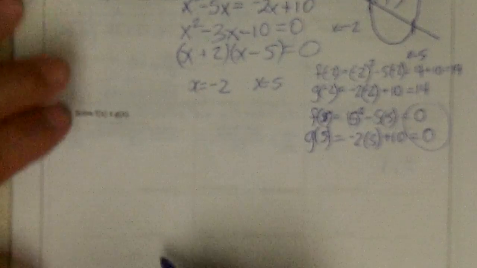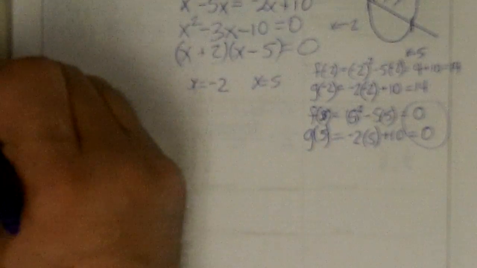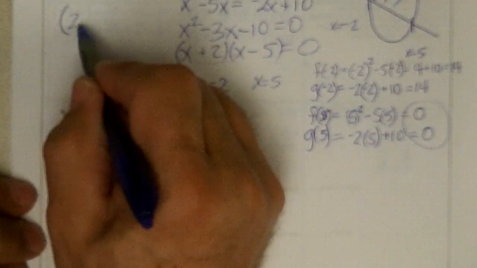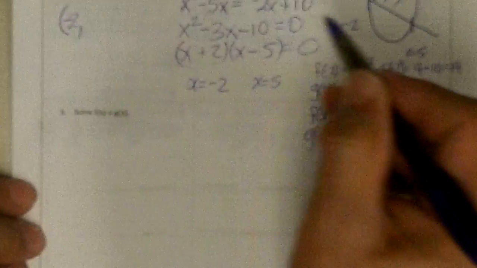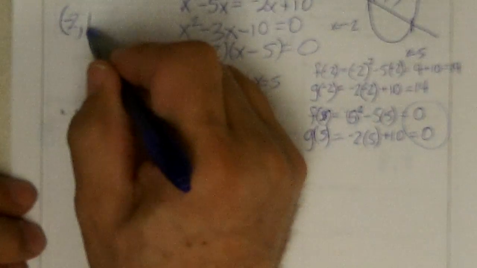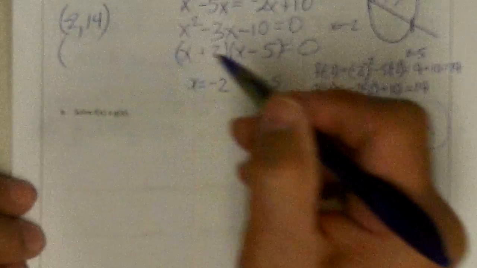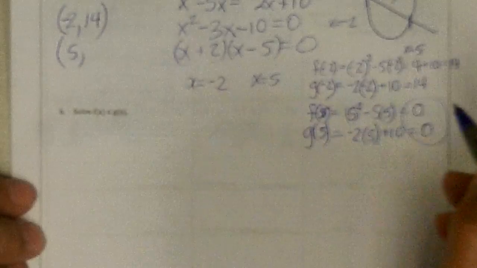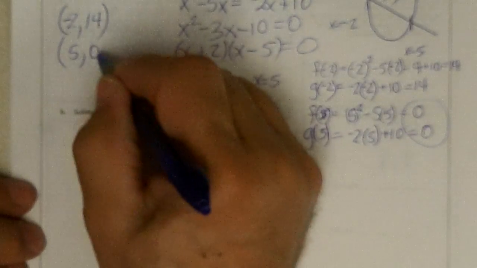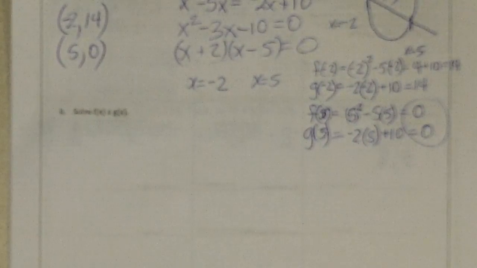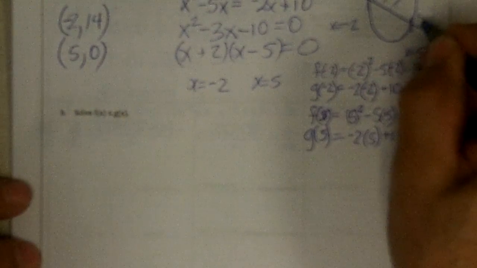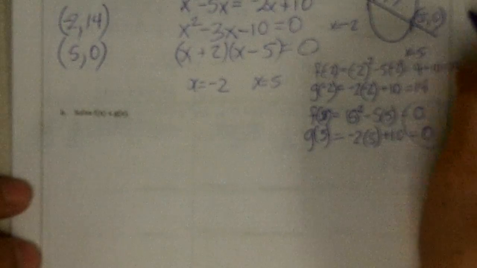So they match up. So the points that they intersect at are -2, 14, and 5, 0. They both have a height of 0.